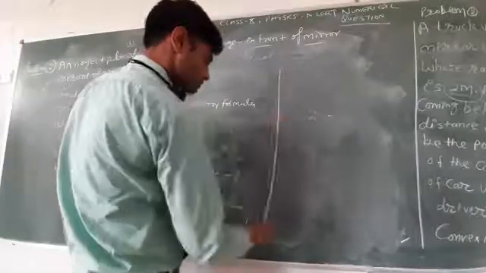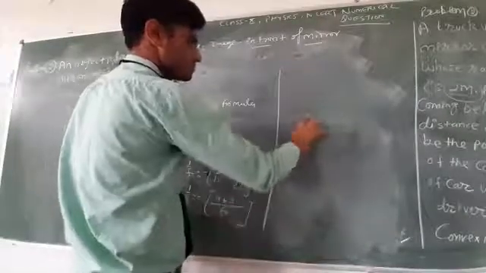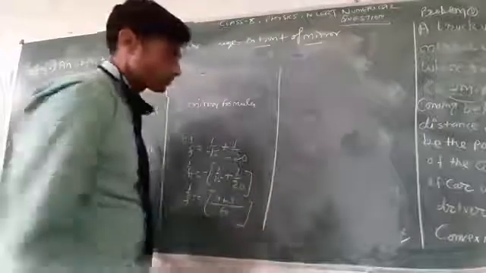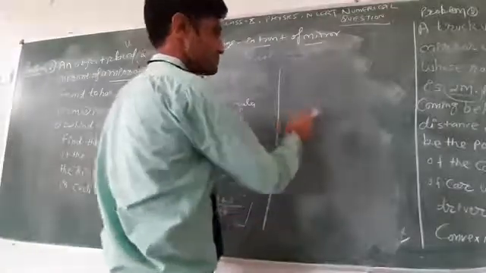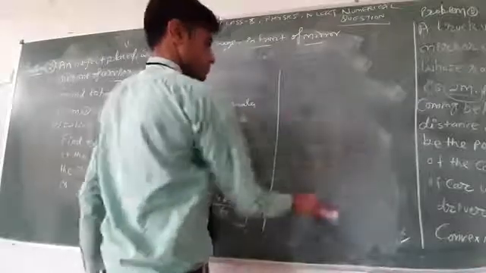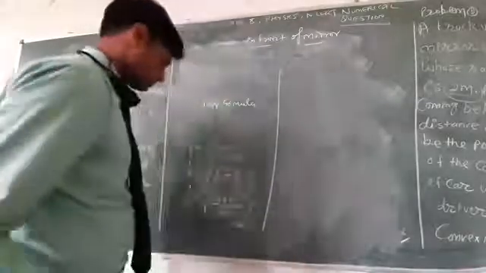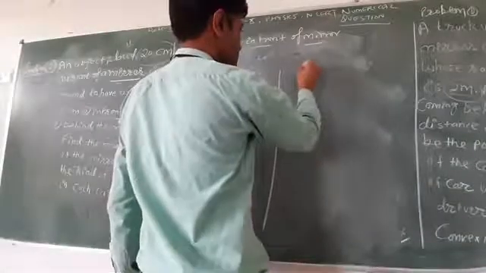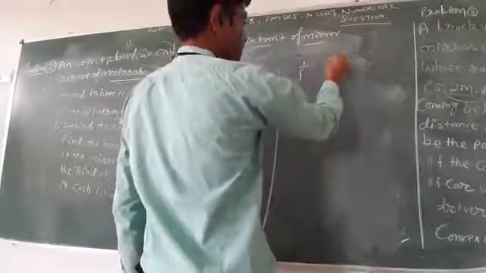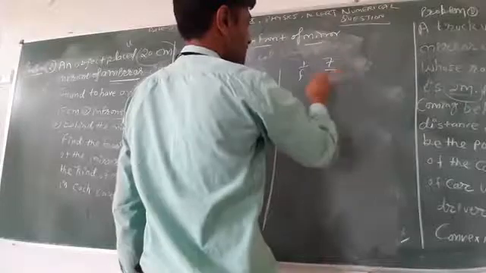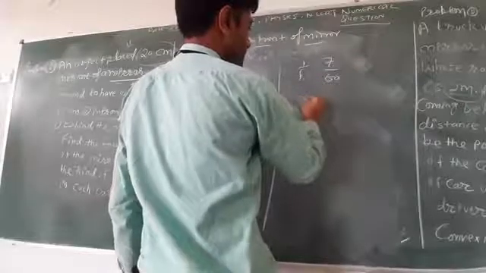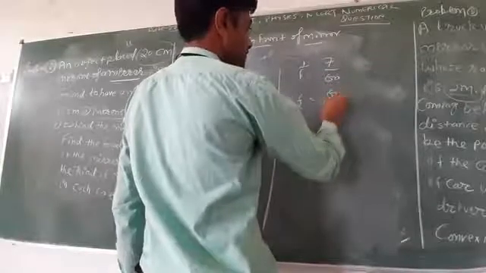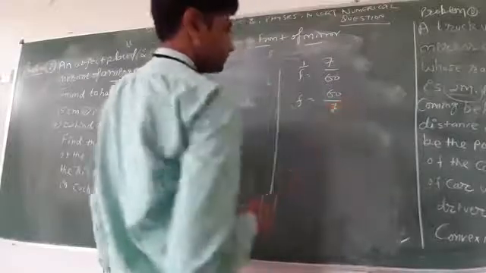So 1 upon F equal to 7 upon 60. So F equal to 60 upon 7.